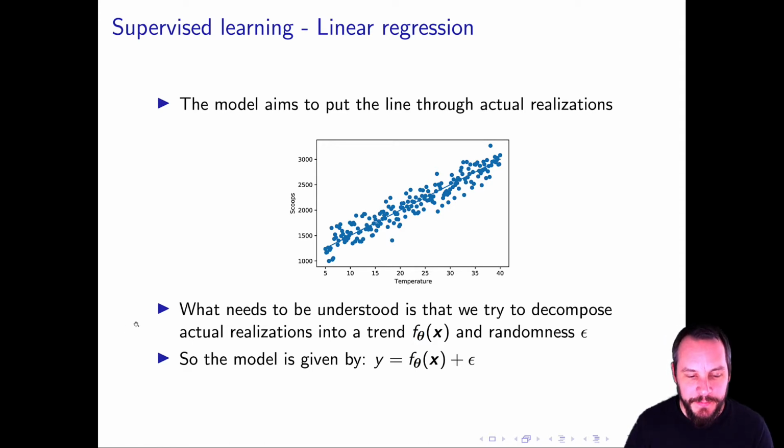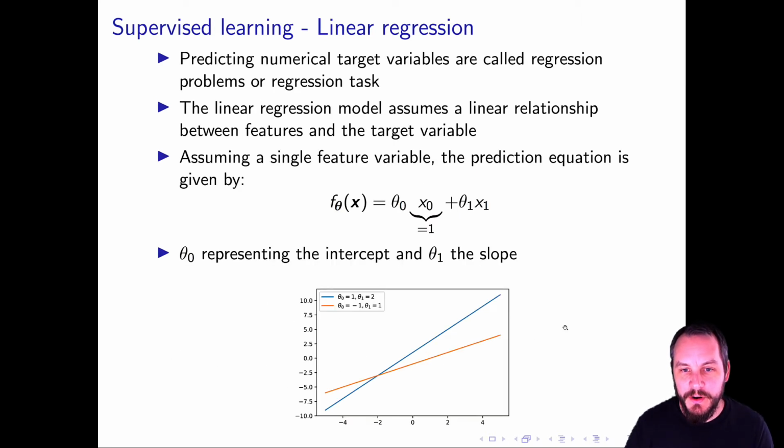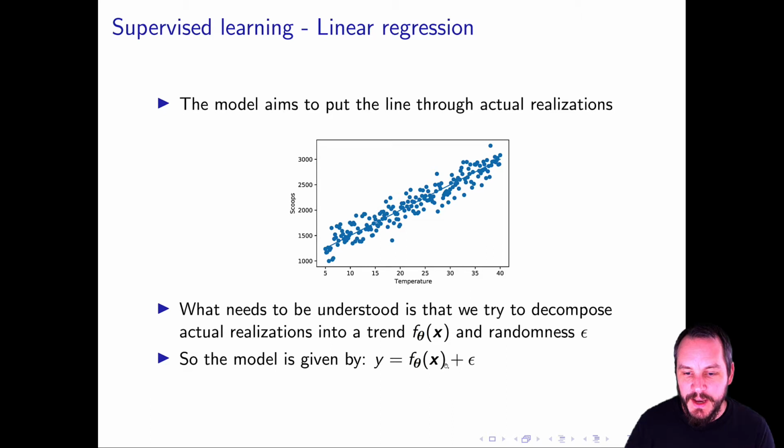Okay, and if we take a look at the real regression model, compared to what we've seen before, which I would call the prediction model, the real regression model is given here, and there is an important difference to the prediction equation, because here we have epsilon, which represents the randomness.